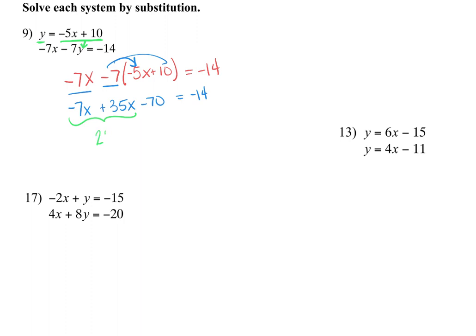That's going to give me 28x minus 70 equals -14. Add my 70 to both sides. 28x equals 56. Divide. x equals 2.